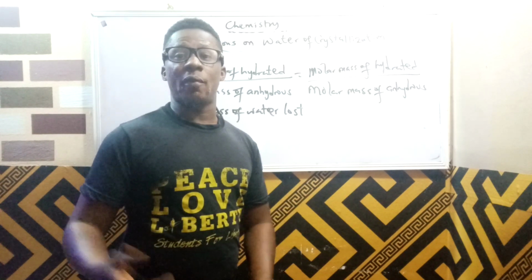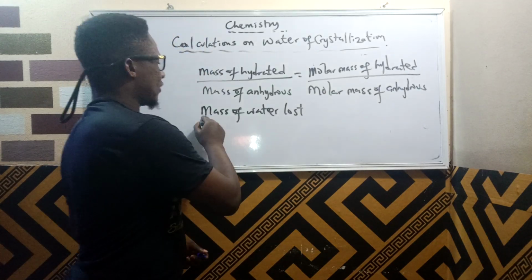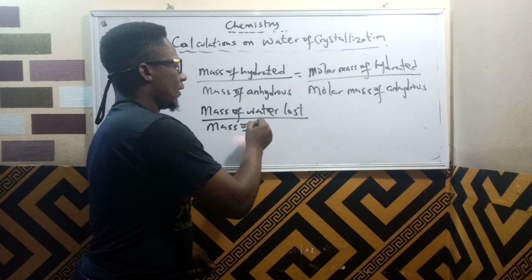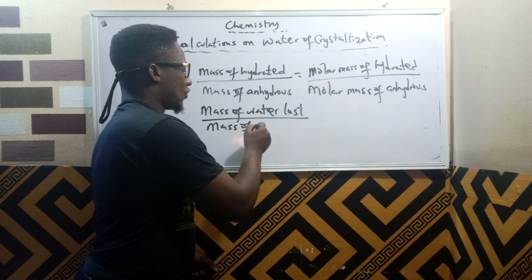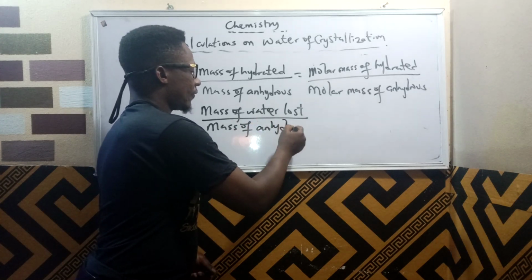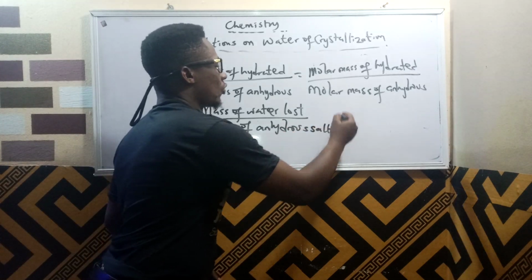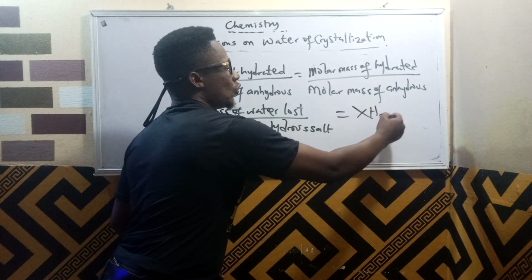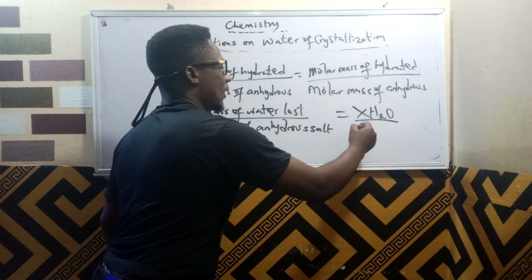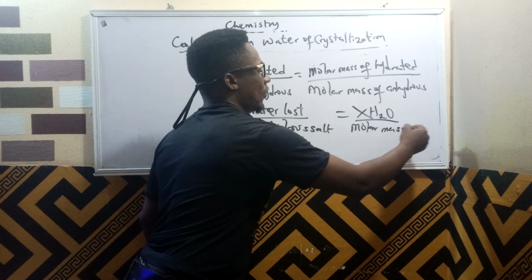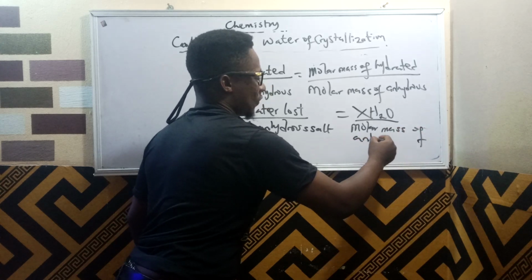So the mass of water that is lost over the mass of the anhydrous salt is equal to XH2O over molar mass of anhydrous salt.